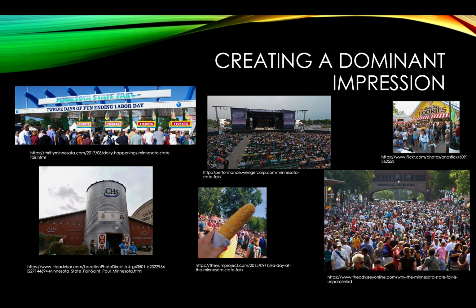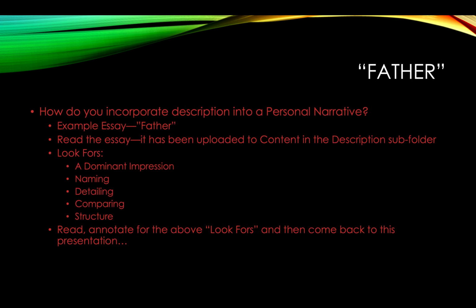All right, so the next thing you're going to do is read the text Father. Now, this text is a description, and I want you to look for the dominant impression. What is the dominant impression that this author creates?